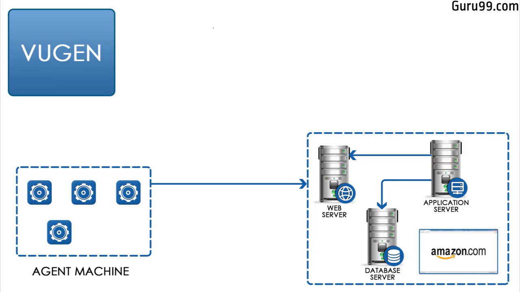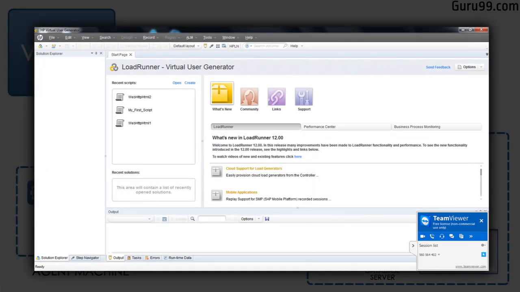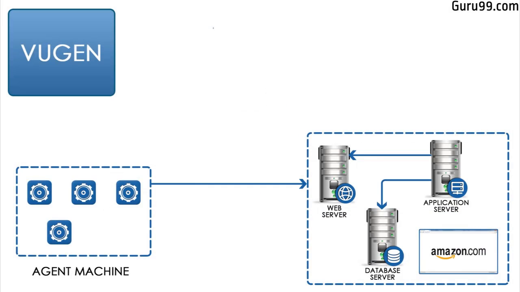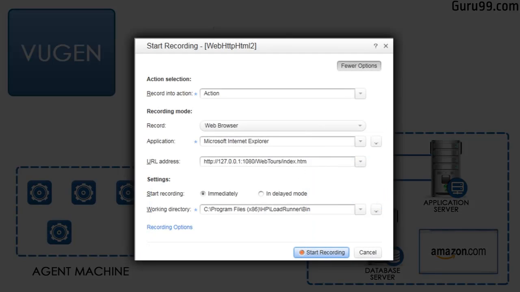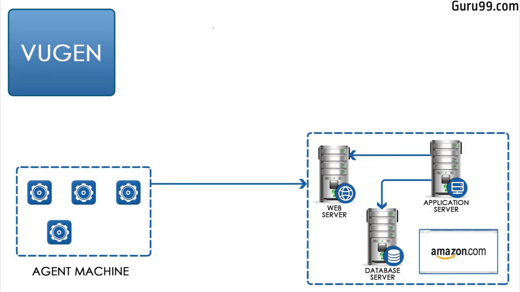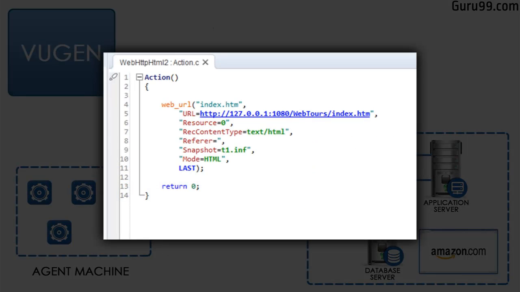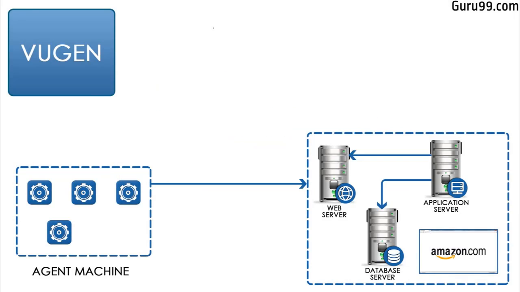VUGen, or Virtual User Generator, is an IDE, Integrated Development Environment, or a rich coding editor. VUGen is used to replicate system under load, SUL, behavior. VUGen provides a recording feature, which records actions performed on the system under load in the form of a coded script, also called VUser script.